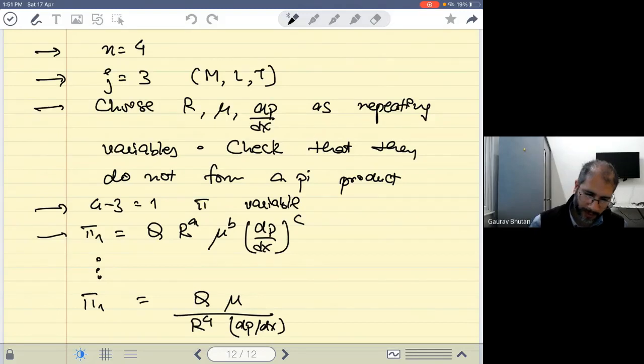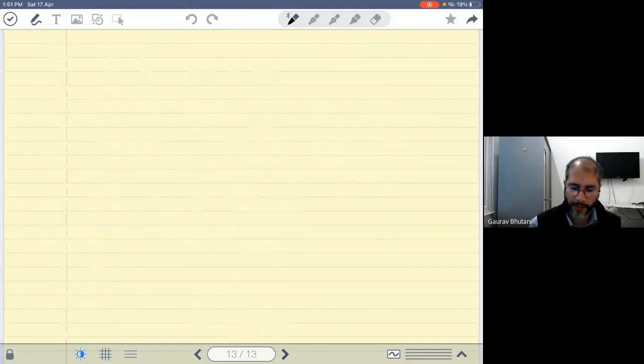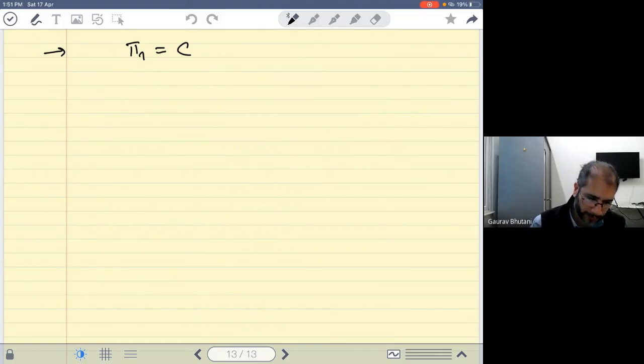That's it. So what is the functional relationship now? So since there is only one pi variable, that means this pi 1 is equal to constant, because earlier we had pi 1 equal to some function of other pi variables, but there is no other pi variable. That means this has to be constant. So what that means is this Q mu upon R to the 4 dP by dx, this is constant.